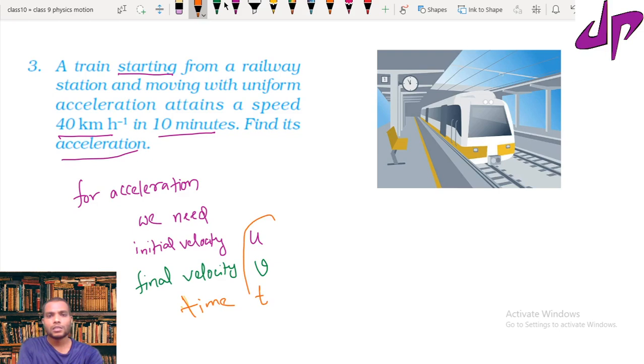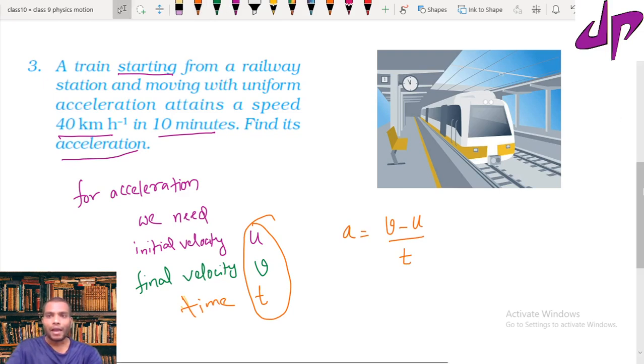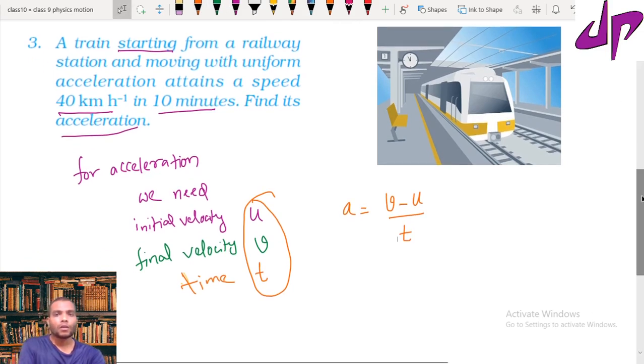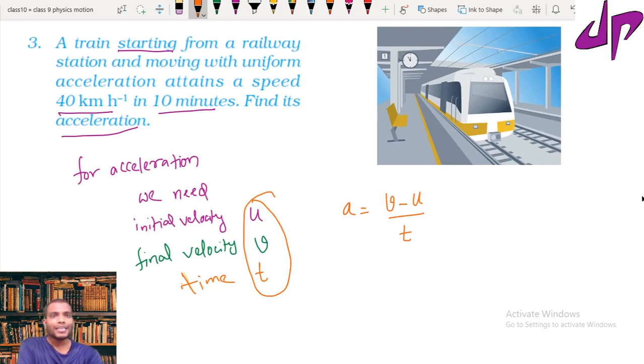By using these three parameters, we can substitute in the formula acceleration a equal to v minus u by t. Now let us find the values in the given problem. First one, initial velocity u. The train is starting. So common sense, if the train is starting, initially the train is at rest. Since the train is at rest.